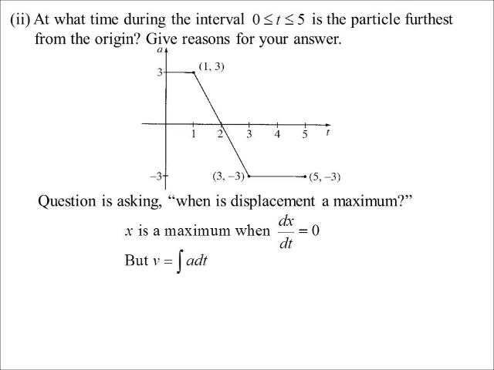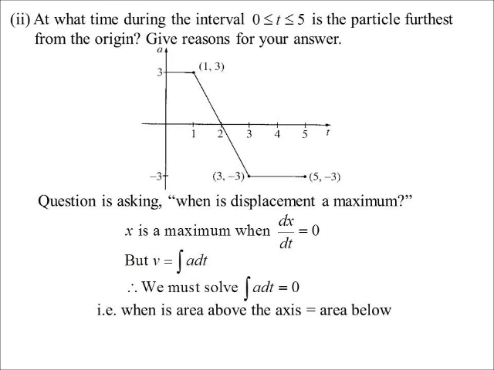But velocity is the integral of acceleration. So for it to be equal to 0, I want to solve when the integral is equal to 0. Well, it must be when the area above is equal to the area below, because if I was to work out the straight integral, they would cancel and I'd get back to 0.